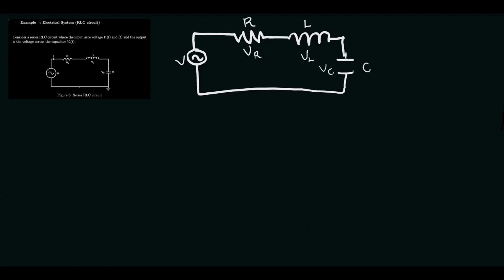Consider a series RLC circuit where the input is the source voltage v(t) and the output is the voltage across the capacitor Vout. To find the ODE of this circuit, draw the circuit. To analyze the circuit, we're going to use Kirchhoff's voltage law, where we have your positive, positive, positive, and negative.